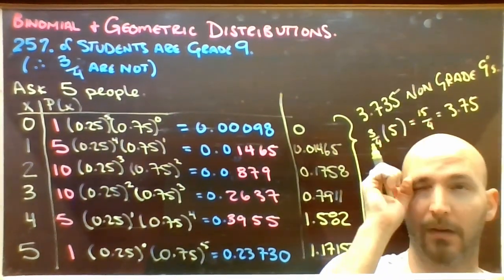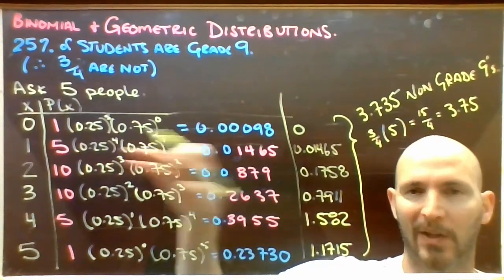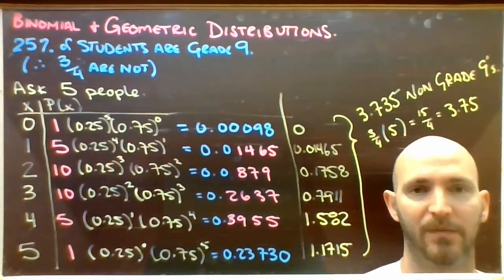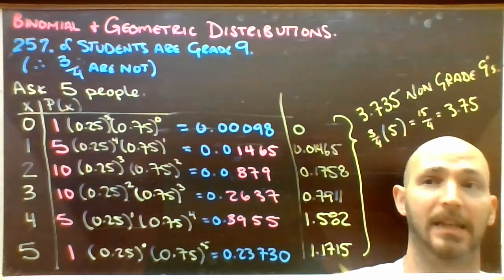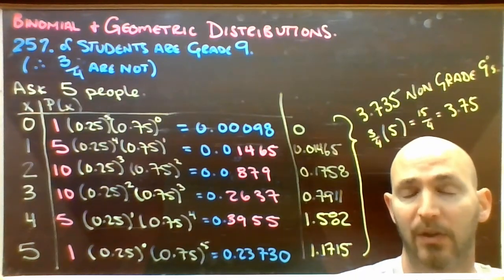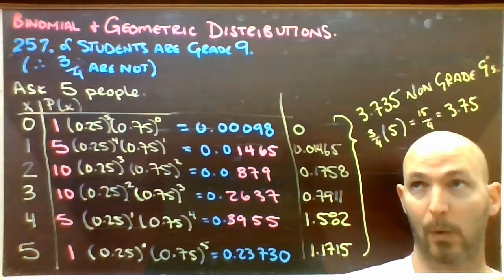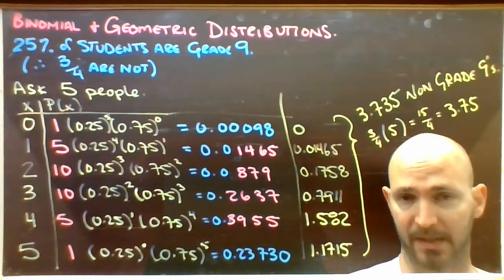So I have a little bit of a rounding error here, but instead of doing all that work to get the expectation value, I could have just used my brain and realized that 3/4 of 5 people is 3.75. So if you ask 5 people and 3/4 of them should not be in grade 9, I would expect 3.75 of them to not be in grade 9.